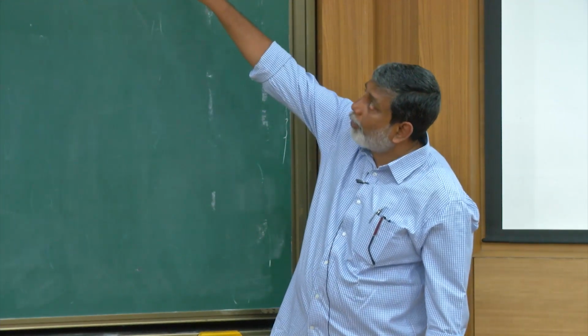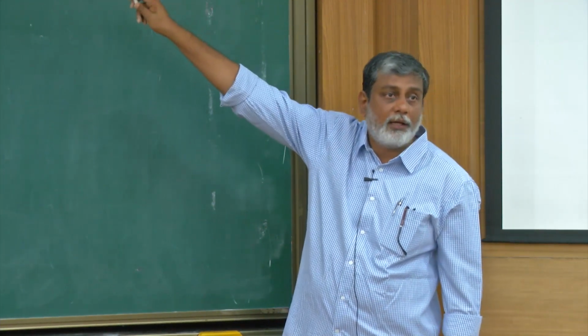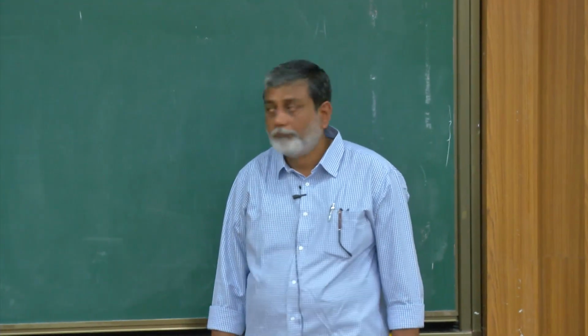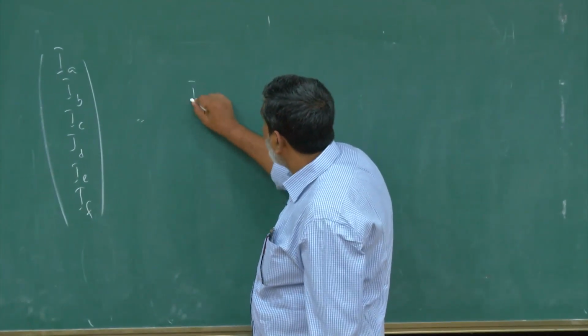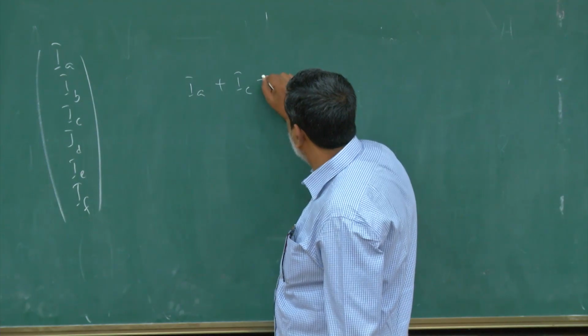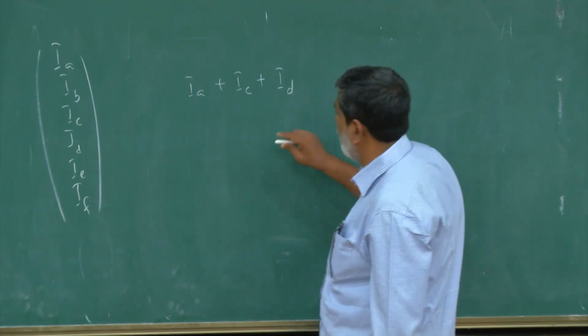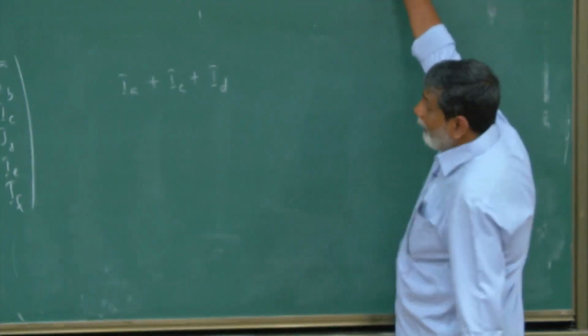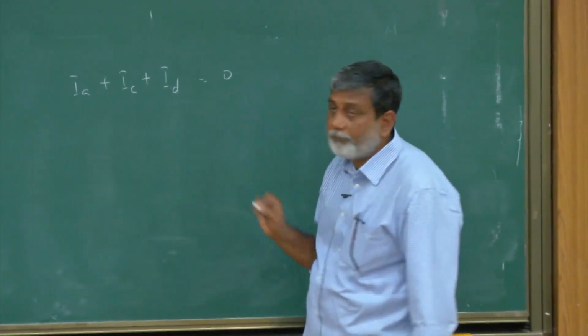Take the first row of the matrix A and multiply it to this. What do I get? I get IA plus IC plus ID, and now I'm saying that kernel of A, therefore this must be equal to 0.